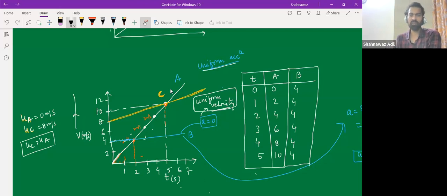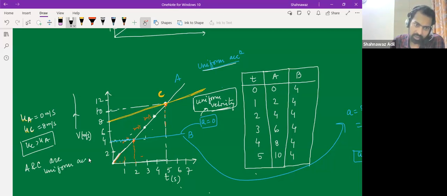Is it a straight line or a curve? Is this changing? It is uniform acceleration. So A and C are uniform acceleration. B is acceleration equal to 0. So this is the information we know.